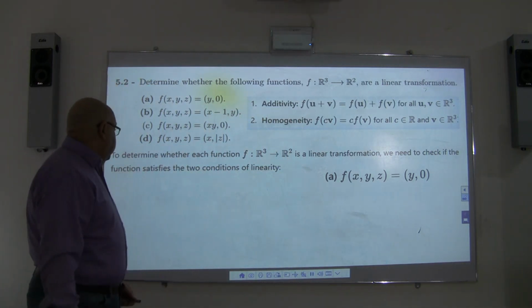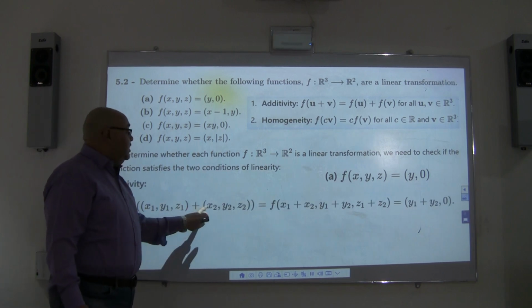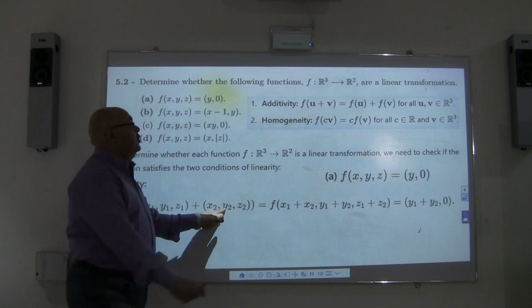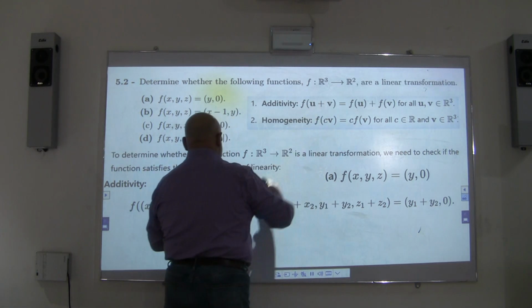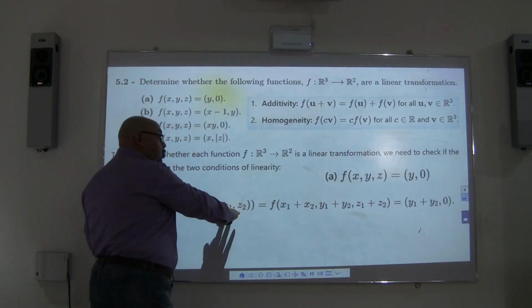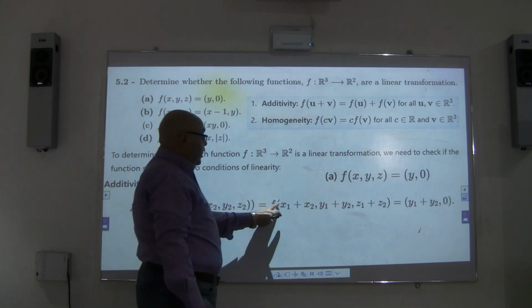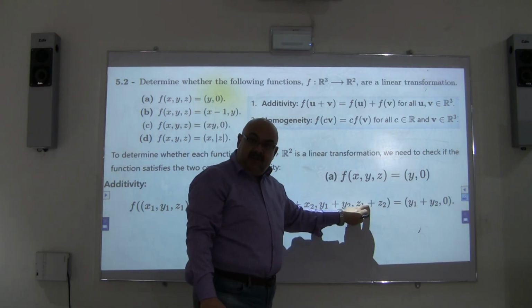So once more, here we go. That's x1, y1, z1, and that's the second point, x2, y2, z2. So I'm taking the left hand side, u plus v, and once you add u and v, it will be x1 plus x2, then y1 plus y2 for the second component, and z1 plus z2.